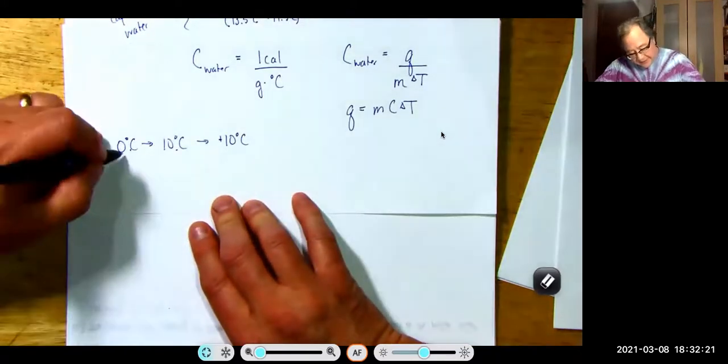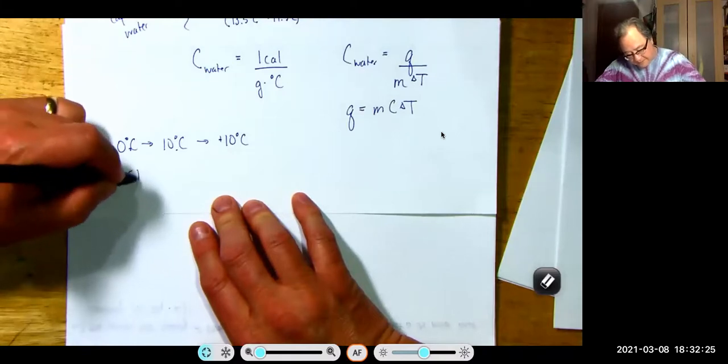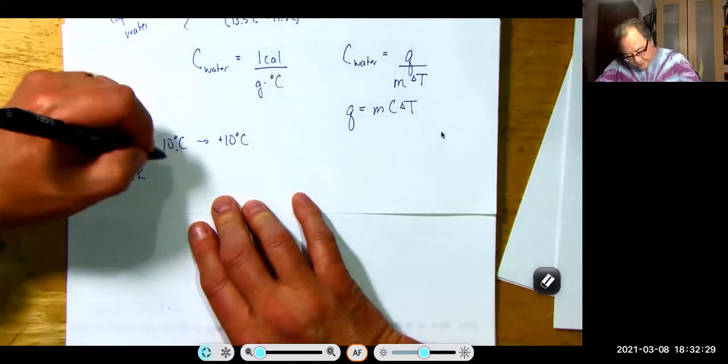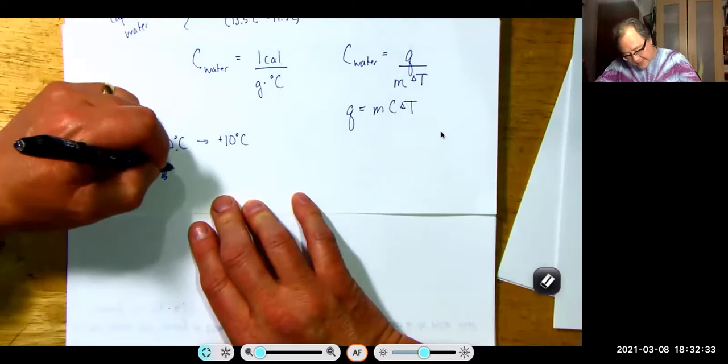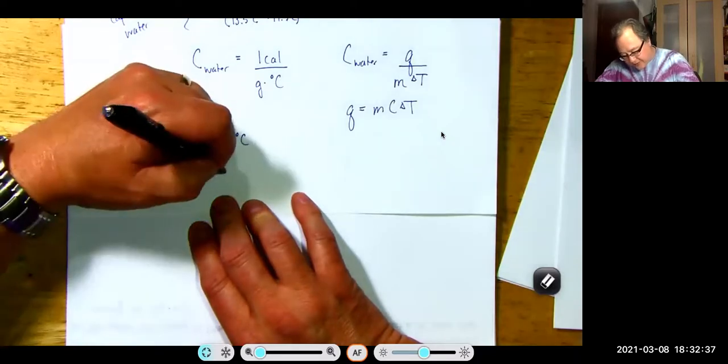This number in Kelvin is 273.15 K, and this one is 283.15 K, which is plus 10 K.